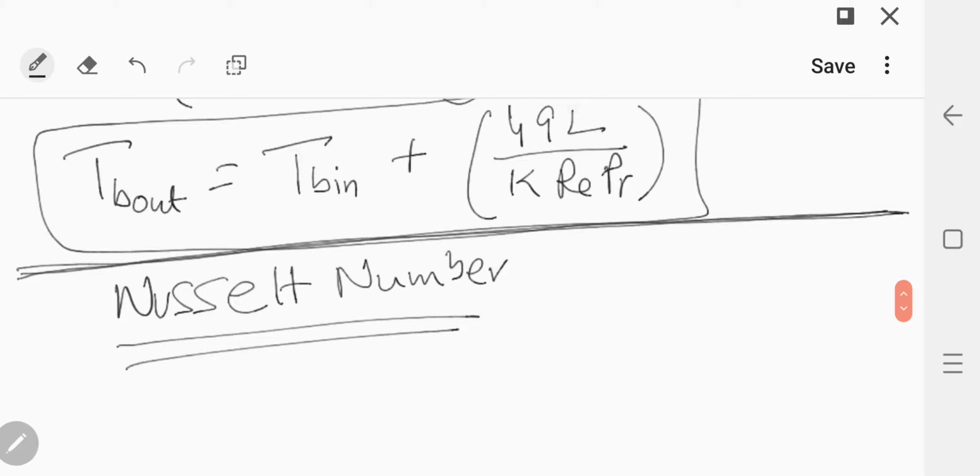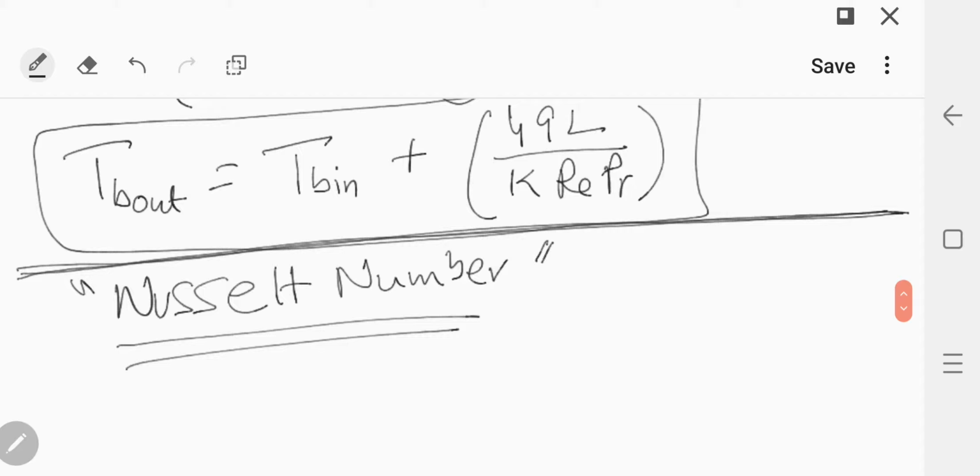Because this Nusselt number will have a certain value for both the boundary conditions, that is for constant wall temperature as well as constant heat flux condition, and that value is very important from the designing of equipment point of view. Either it's designing of your heat exchangers or designing of your evaporators.